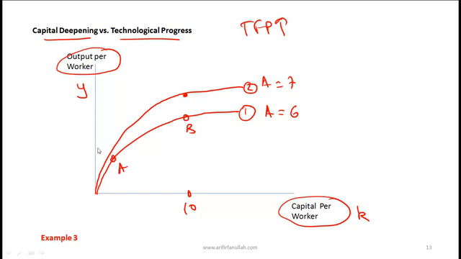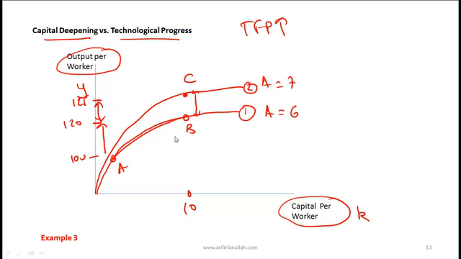But let's say that a given economy moves from point A to point C. Then we can say that this much improvement, so the improvement from say 100 units of output per labor to 120 units, is because of capital deepening. And then this distance from here to here, let's say that this is 125. 5 units of output per labor are coming because of better technology or the increase in total factor productivity.